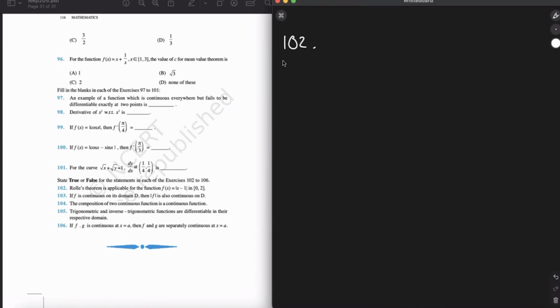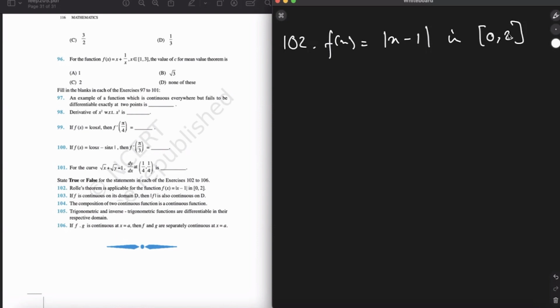Rolle's theorem is applicable for the function f x equals mod x minus 1 in 0 to 2. So question number 102.